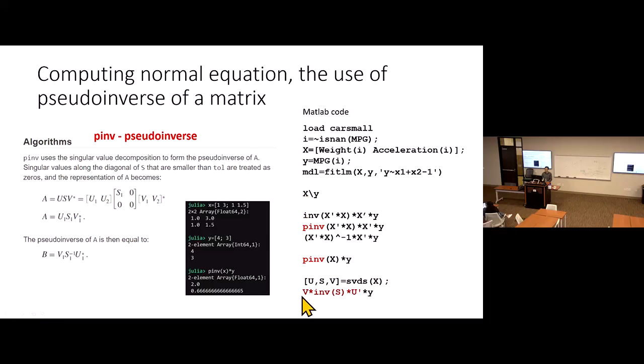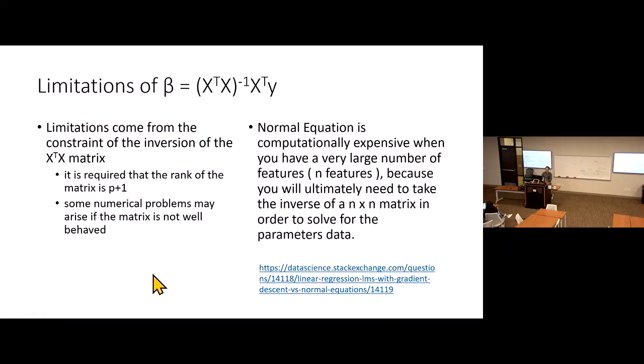Every expression here achieves the same answer for beta. It will also be the same as utilizing the built-in function fitlm, with x, y and an expression. Okay, this will also get the same answer. There are many different ways to do this linear regression, depending on the situation, okay?